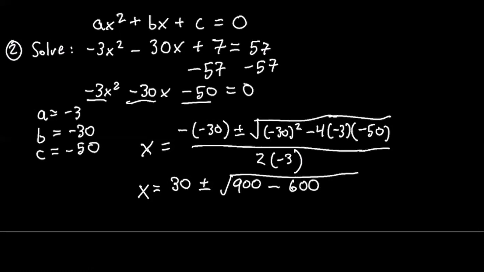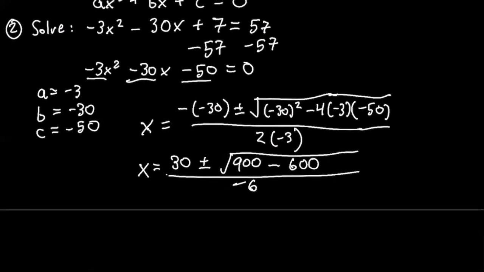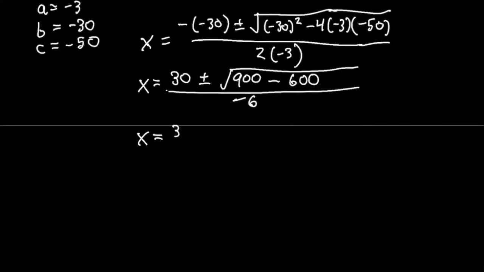So 900 minus 600, divided by 2 times negative 3, which is negative 6. Okay, so continuing to simplify our square root, we have 30 plus or minus the square root of 900 minus 600 gives us 300, all divided by negative 6.